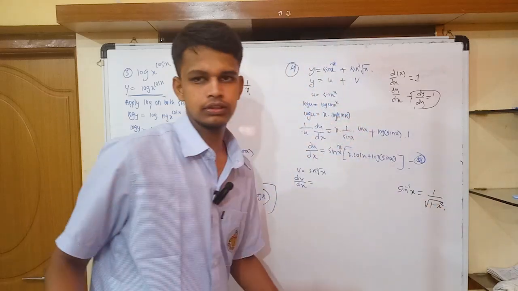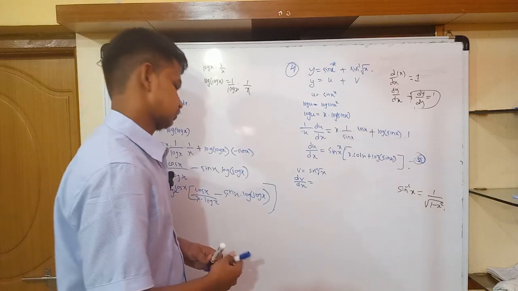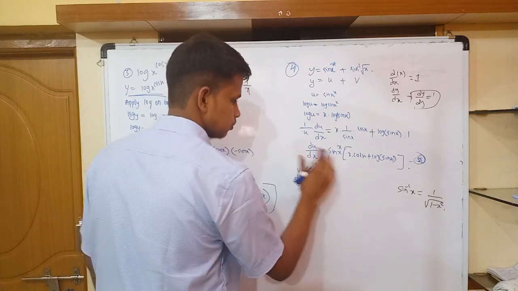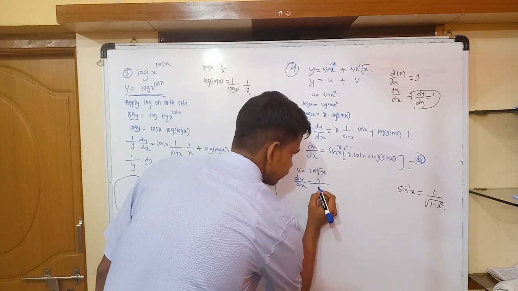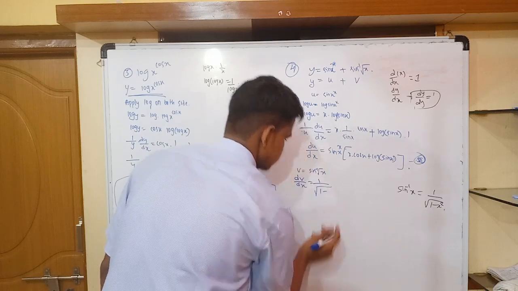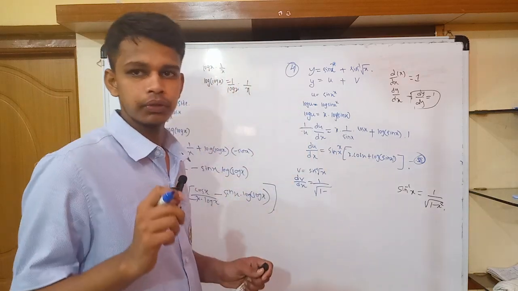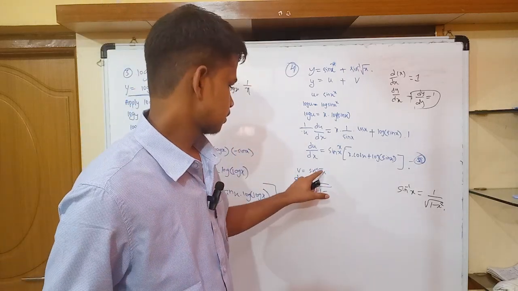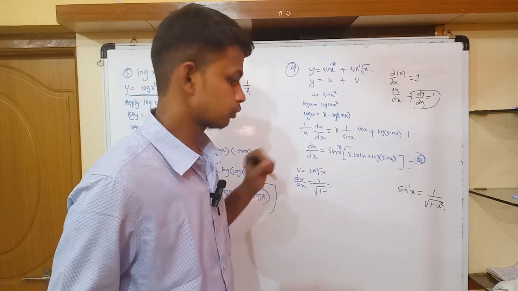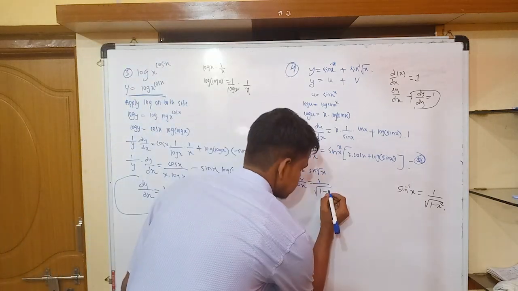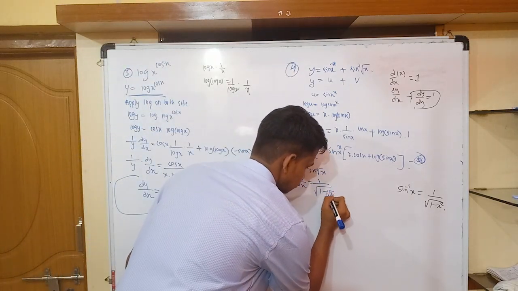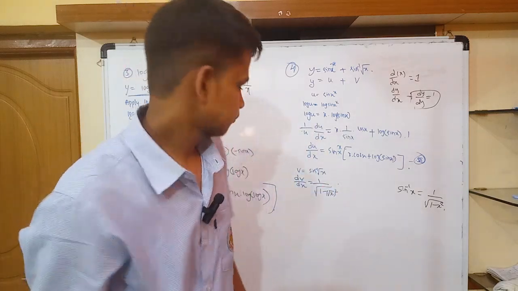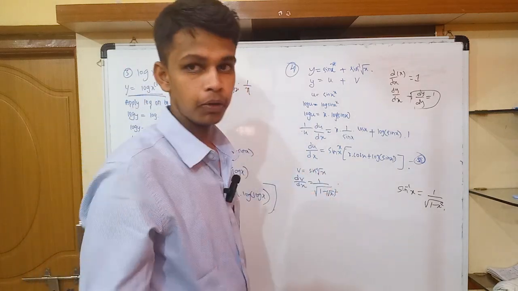Here, in x's place we have root x, so we write root x whole square, into the derivative of root x also, because this is in the sin inverse of f of x form.